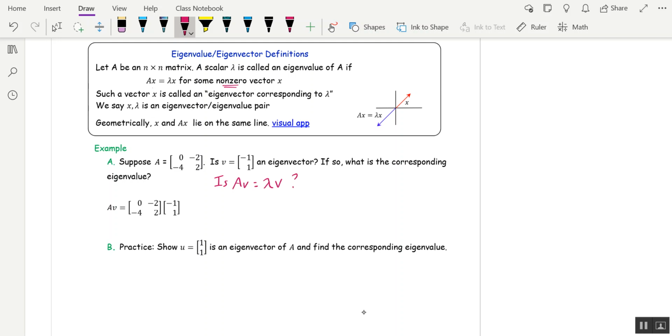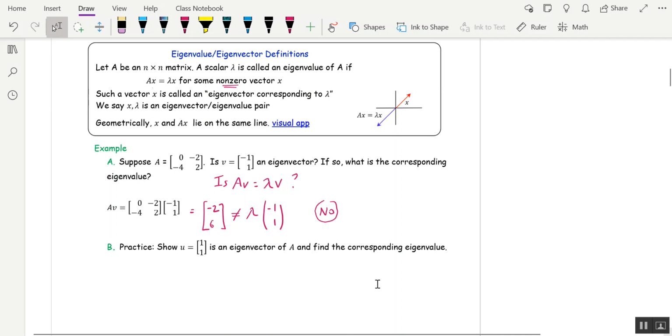So Av is equal to, let's see, -2 and then +6. So is that a multiple of (-1, 1)? Well, if it were a multiple for the first part, the multiple would have to be 2, but that doesn't work because 6 is not twice 1. So this is not lambda times (-1, 1) for any lambda. So the answer is no.